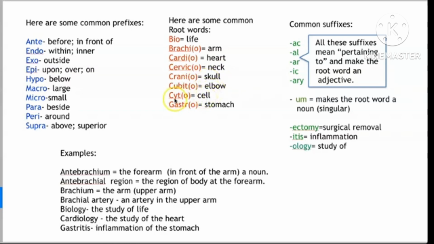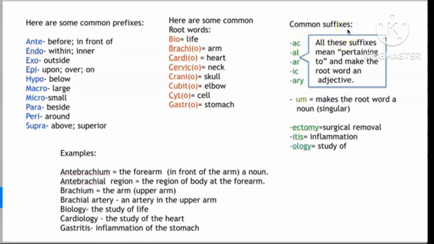Cyte, C-Y-T-E, the cell, a cell. Gastr is stomach. Now, I use these combining vowels because a lot of times when you're combining other root words, you're going to have to put a combining vowel between them. So I just kind of put them in there. Most combining vowels are going to be the letter O. Remember what vowels are? A, E, I, O, and U.